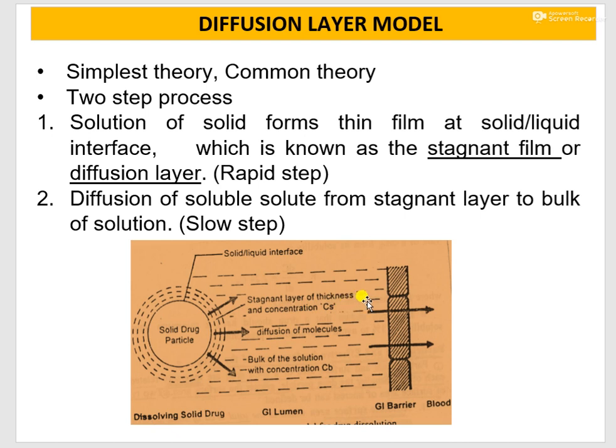So what is h? h here is the thickness of film, and Cs is the concentration of the drug in the stagnant film, and Cb is the concentration of drug or solute in the bulk of the solution.